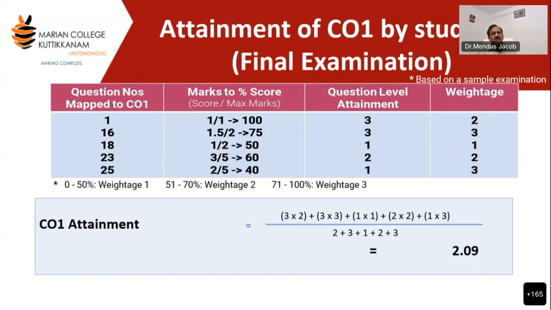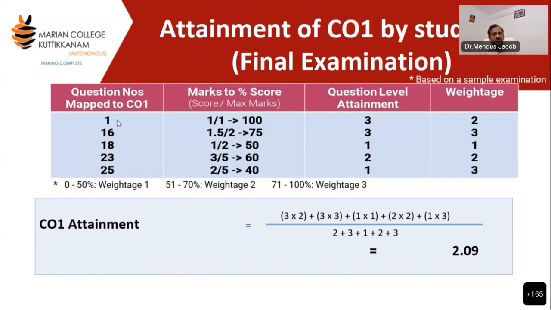There are other questions which may be mapped to CO2, CO3, CO4, and CO5, but I'm considering only CO1 because I'm now calculating the attainment level of CO1. Suppose question number 1 is mapped to CO1. Again, question numbers 16, 18, 23, and 25. These 5 questions are mapped to CO1 out of 25 questions.